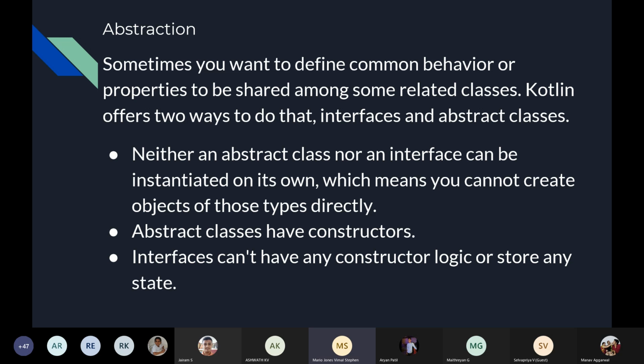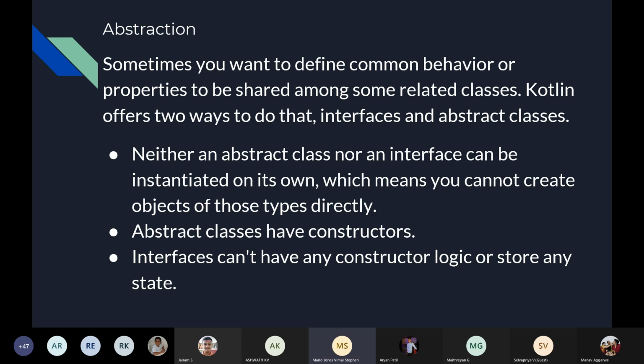Neither an abstract class nor an interface can be instantiated on its own, which means you cannot create objects of these types. They cannot be instantiated directly like we were doing till now.